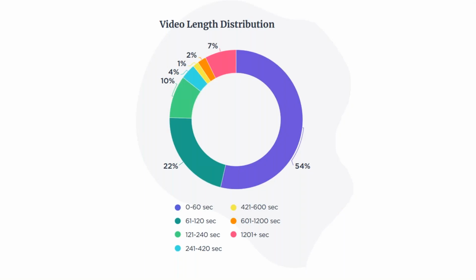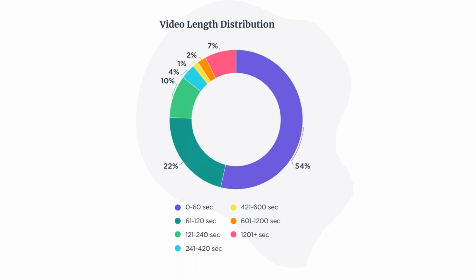Another statistic from Vidyard, and this is getting a little granular, but it's a really good statistic as far as the length of video and how it's being used within organizations.